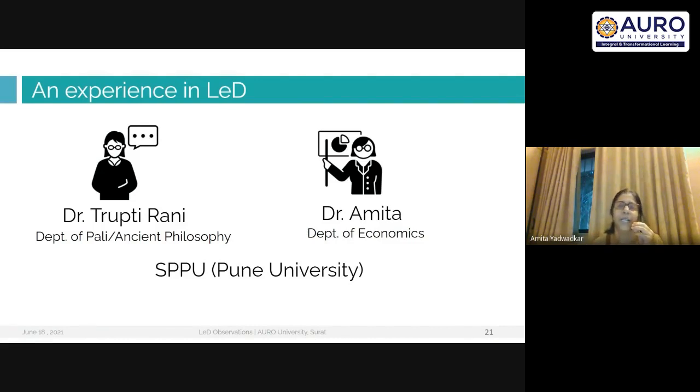We decided that yes, we wanted to work together, and we just took it up, and then we started scratching our brains as to what we could do which could cover both the disciplines to some extent. And then Dr. Trupti came up with this idea that can we work on corruption, because she found some references to it in her Pali literature, and she said that she can bring in something from there, and corruption can be linked to economics also.